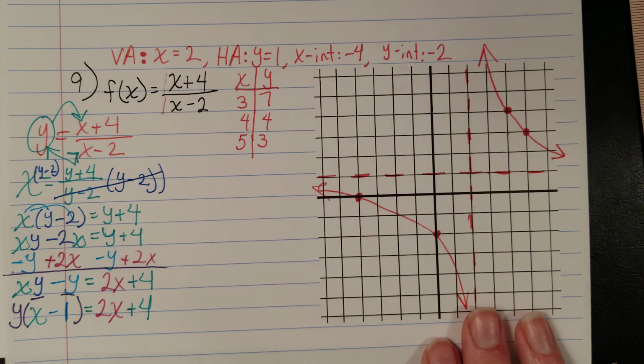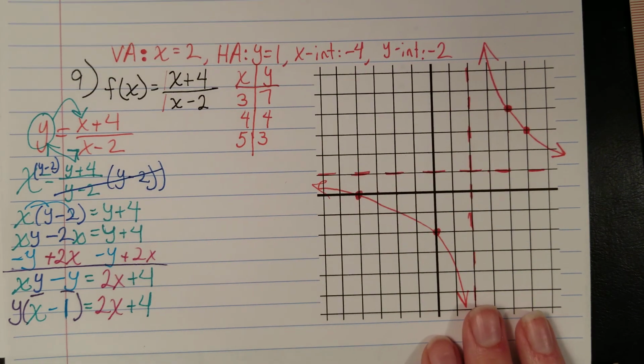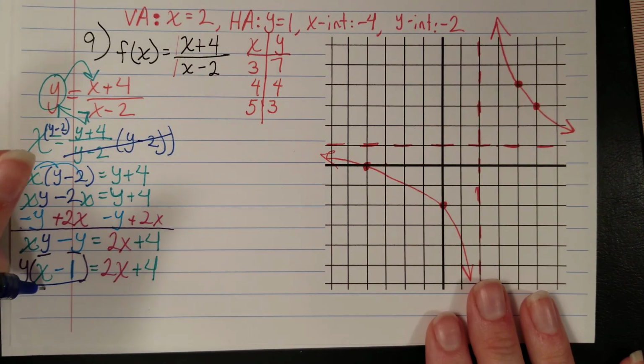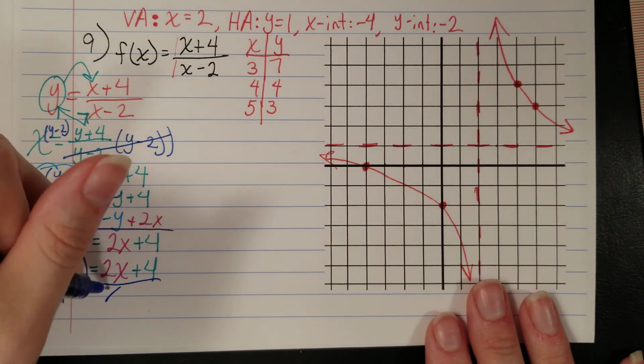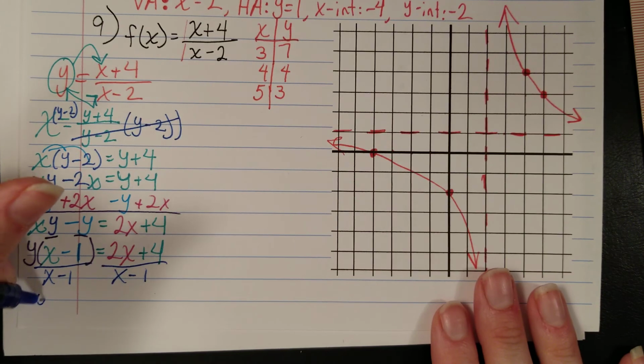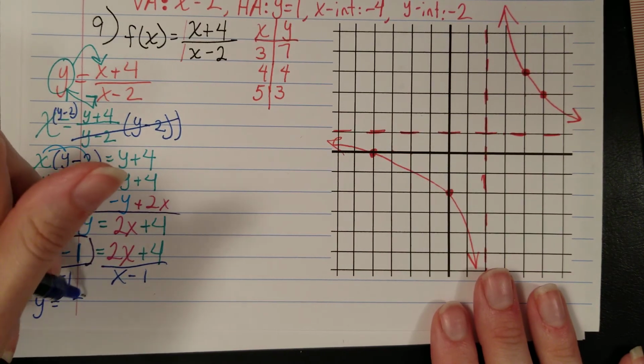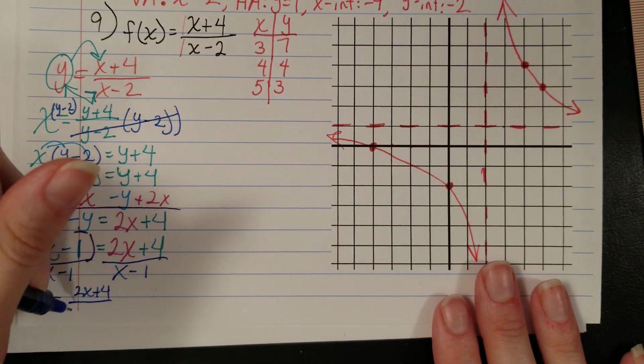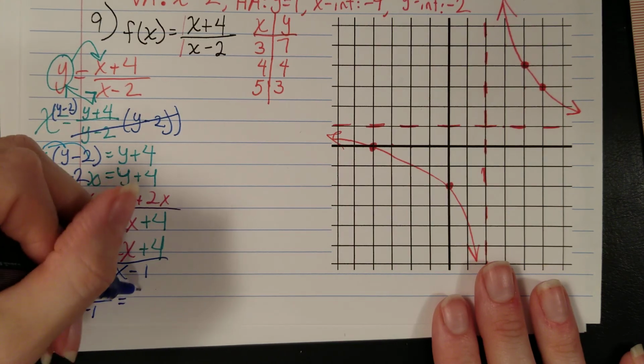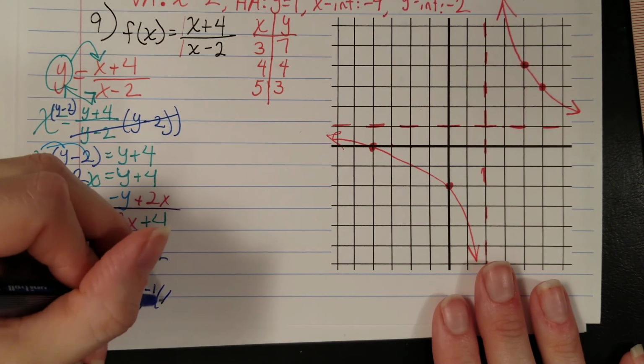Okay, and then finally I need to divide both sides by what's in the parentheses, which is the x minus 1. So y equals 2x plus 4 over x minus 1, and that is my inverse function.